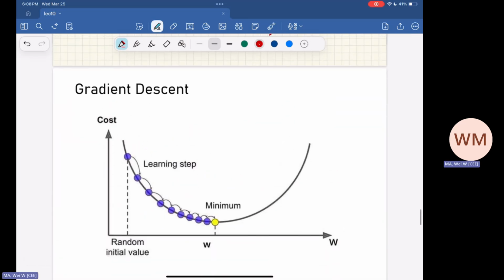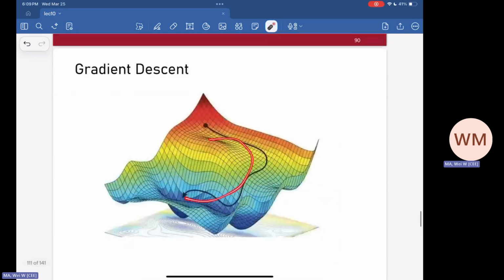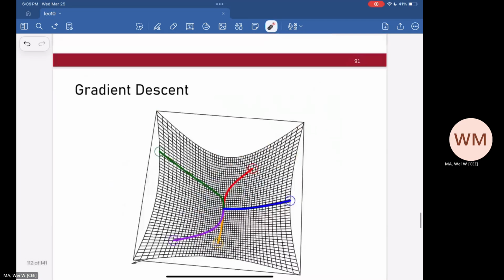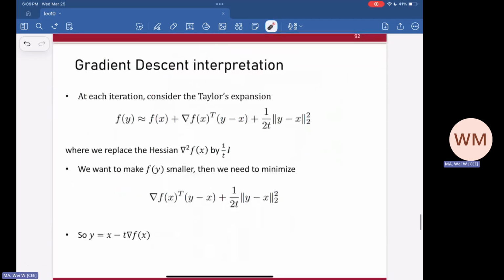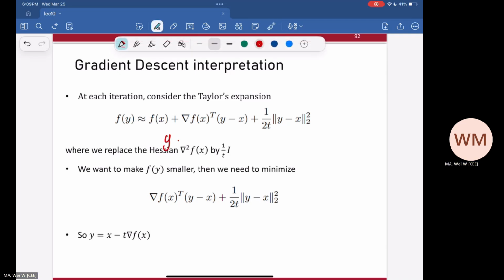I think I don't need to explain why gradient descent works. Gradient descent can give you the minimum location, so you can find a way to the minimum. This slide gives you the idea why gradient descent looks like that. You do a Taylor expansion at location x, for y near x.